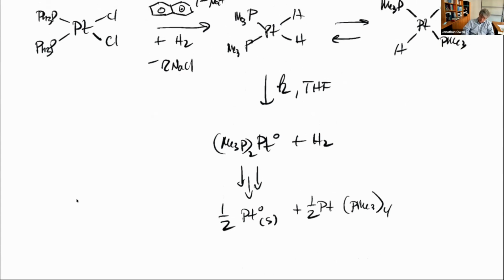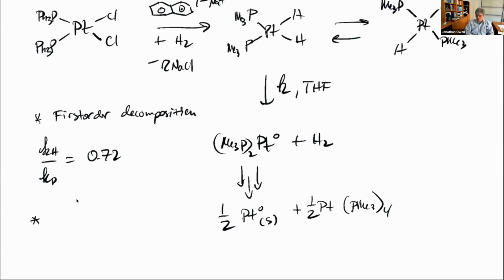He finds that this decomposition, which is not very clean because you have platinum metal precipitating, is first order decomposition, and it has an isotope effect of 0.2. What does this mean?